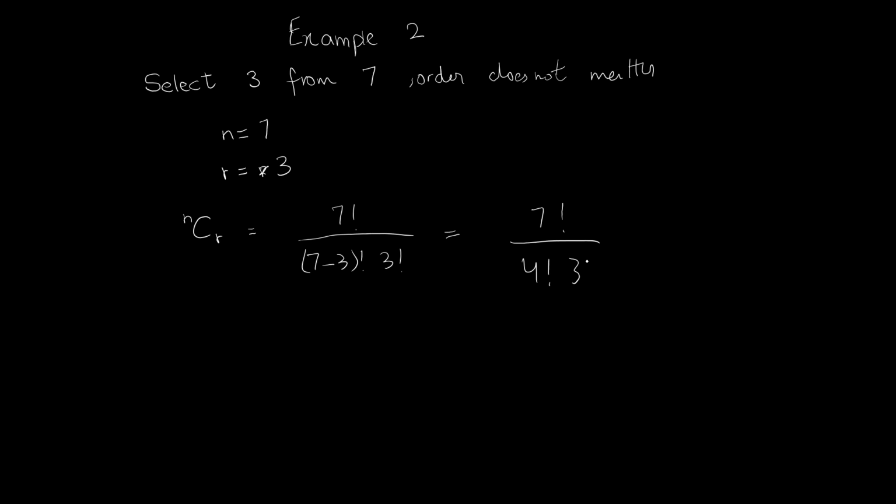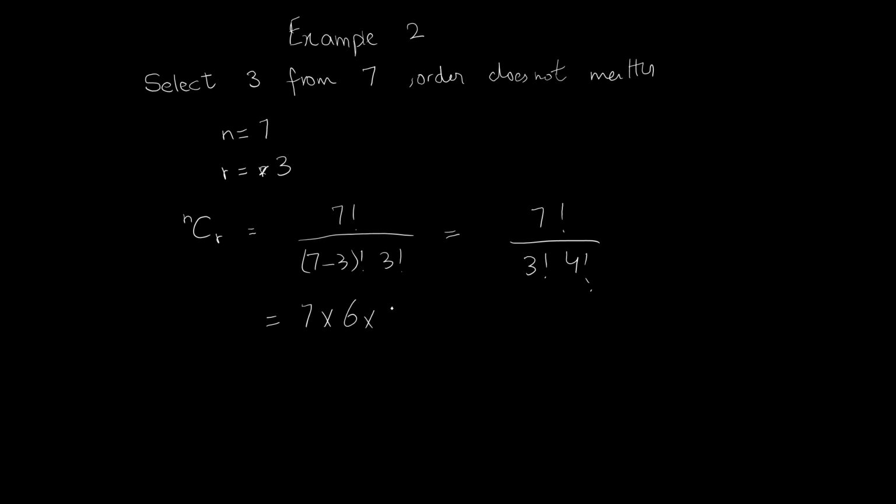Or you can first write the value for r, which is 3. Then you can think 7 and 3 have a difference of 4, so 3, 4. After that, instead of writing down the whole factorial from 7 to 1, just stop at 4 factorial.